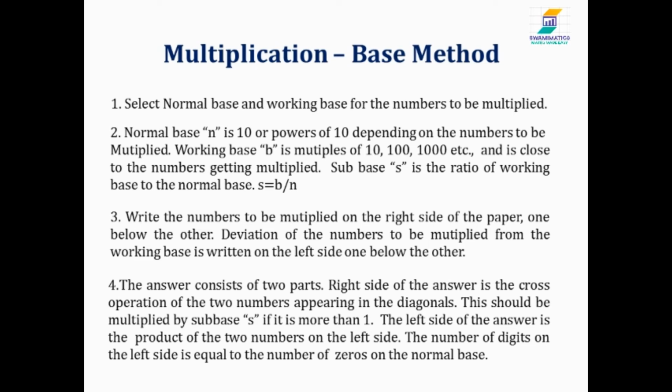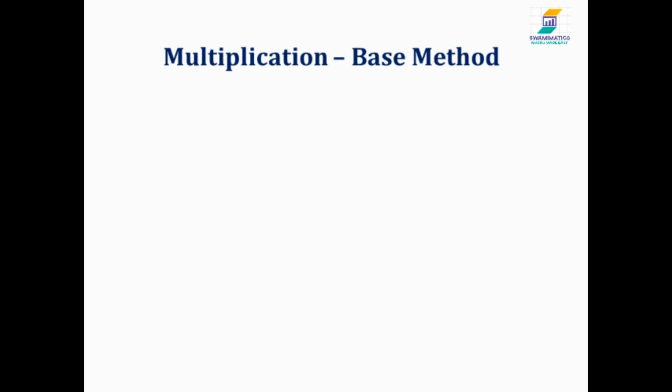Let's look at one more example. Here we are multiplying the numbers 92 and 99, two-digit numbers, so my normal base is 100. Since in this case I do not have a working base, there is only the normal base. 92 is 8 short of 100, 99 is 1 short of 100.